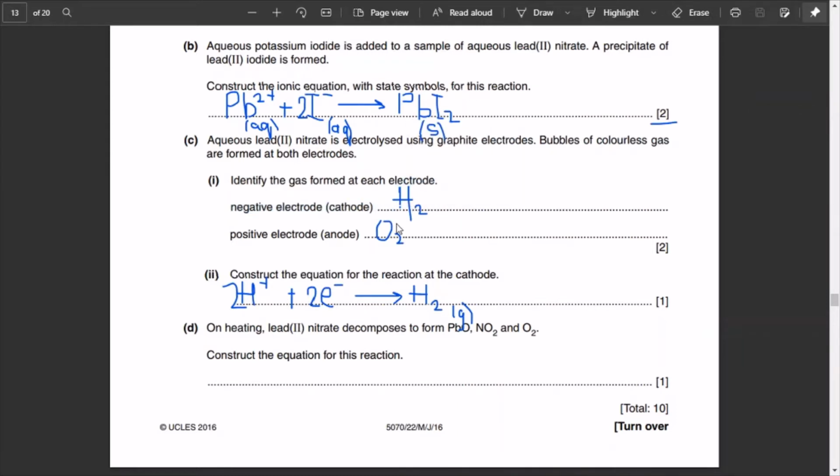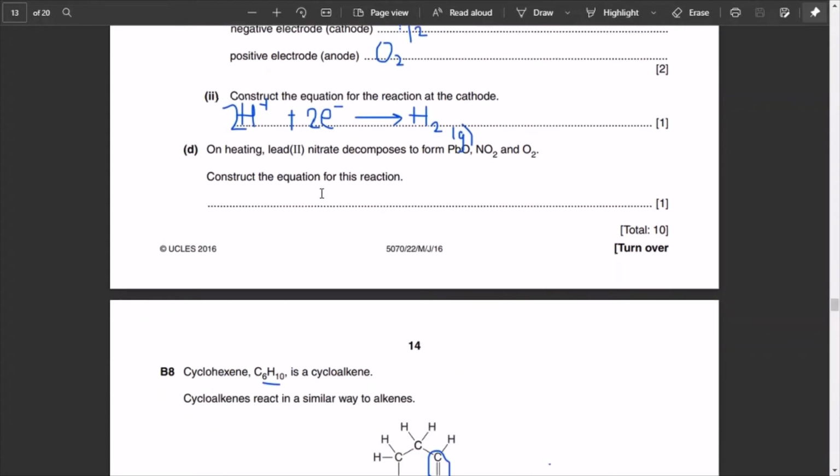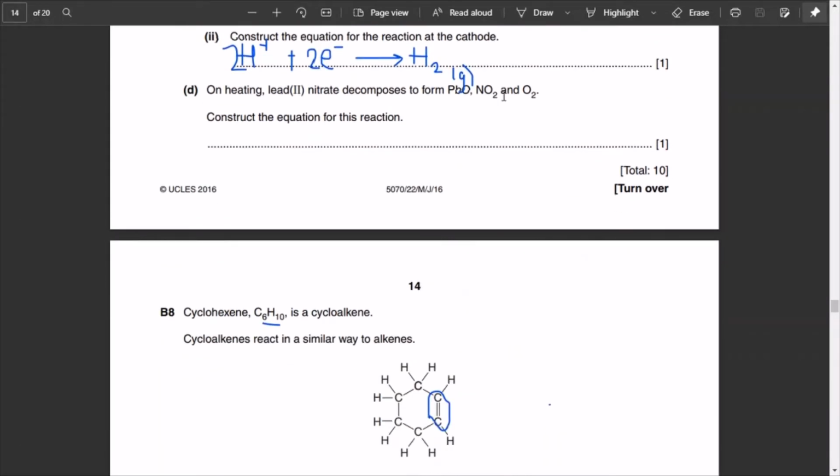However, in many questions, sometimes a solid is formed, sometimes gases are formed, and it isn't usually mentioned in the question which. You need to identify it using your reactivity series, which you're supposed to learn. Here we're going to draw an equation which is really simple. Again, make sure you have the correct symbols and the correct balancing numbers.